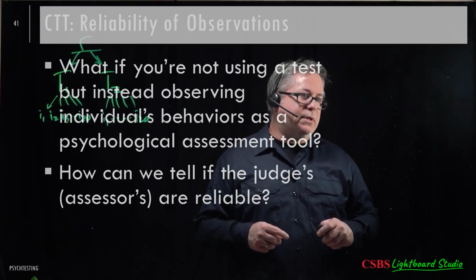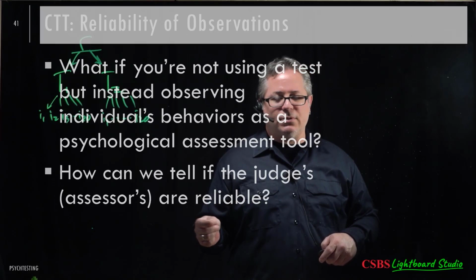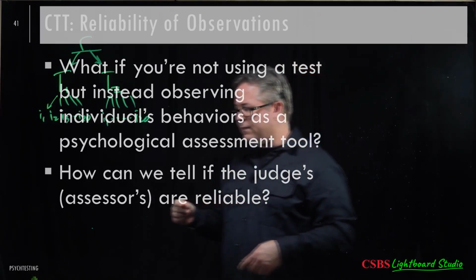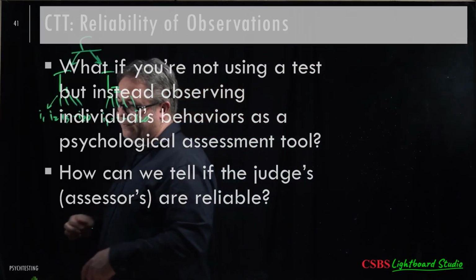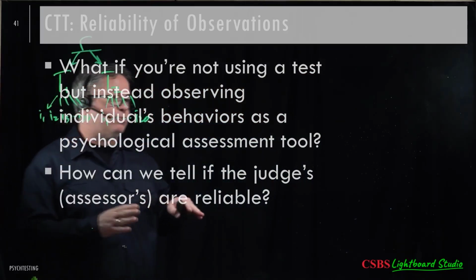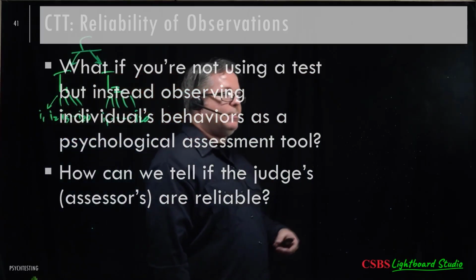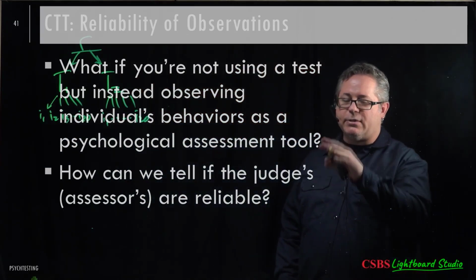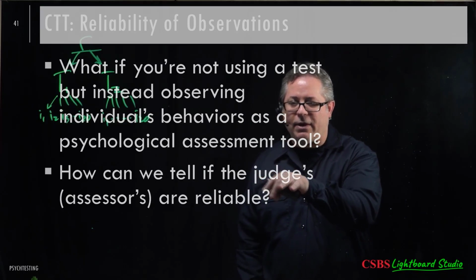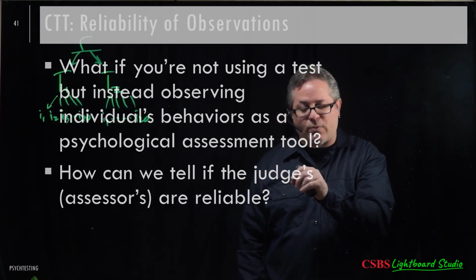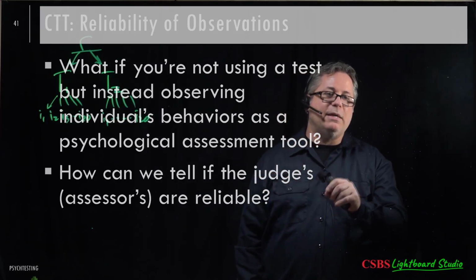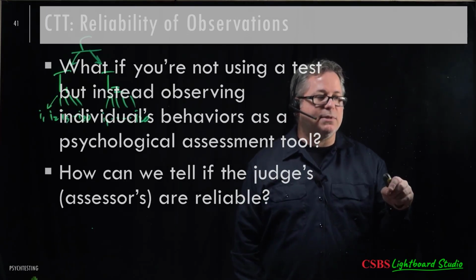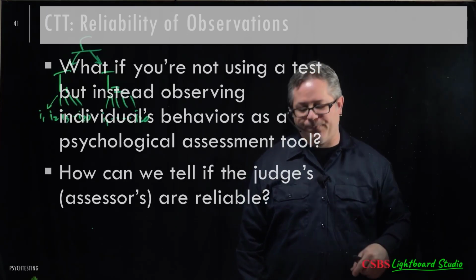What if you're not using a test, but instead observing individuals? There's another way of thinking about reliability too, where we have observations that are the thing we're trying to find out are reliable. So how can we tell if judges, assessors, are reliable? So you have 5 people, they're all watching kids playing on a playground. You're looking for aggressive behaviors, and everyone has to write down when they see aggressive behavior on the playground.